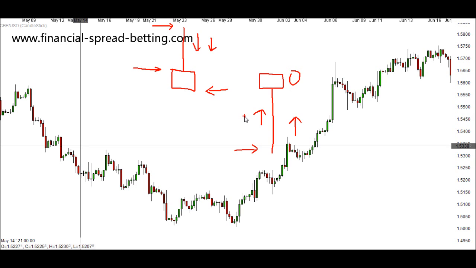So pin bars show us where great buying or selling power is coming into the market, where buyers or sellers have really pushed price from one area of the market to another, from down here back up to here, and they can signal reversals, price reversals, and I'll give you some demonstrations of this.